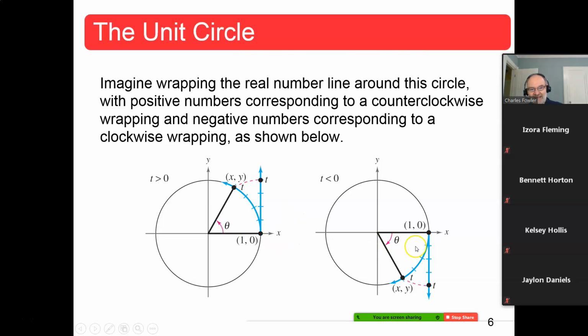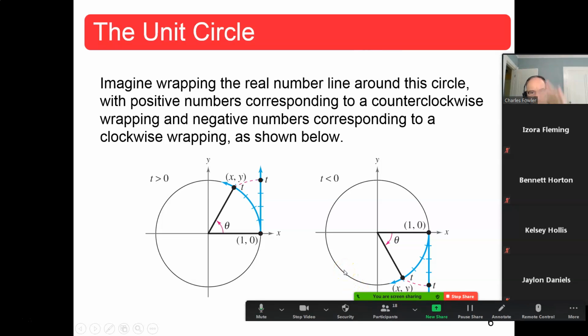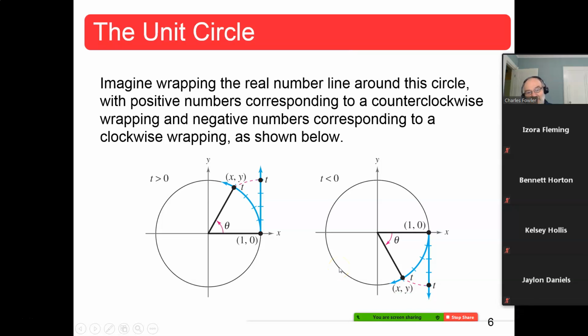If, though, we took the negative y-axis and projected it over here, that's -1/4, -1/2, -3/4, -1, wrapped it around the unit circle this way, then the arc length here would be -1. The radius is 1, so that would be a theta of -1 radian. If this had been longer and you wrapped it over here, then it would have been maybe 2.3 radians, or -2.3 radians.